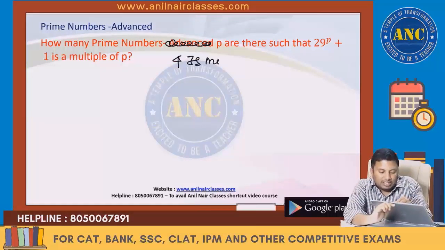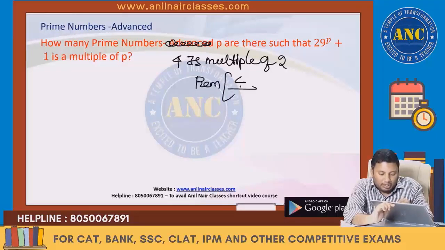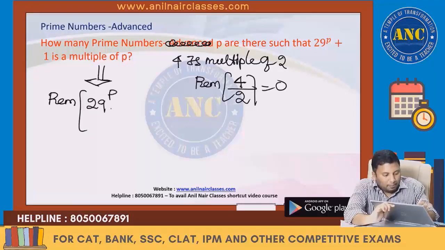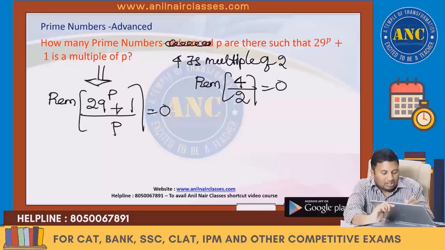If 4 is a multiple of 2, 4 when divided by 2, remainder will be 0. Similarly, in this question, when 29 power p plus 1 is divided by p, remainder is 0. P should be a prime number.